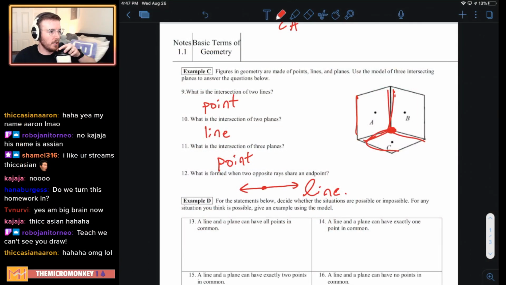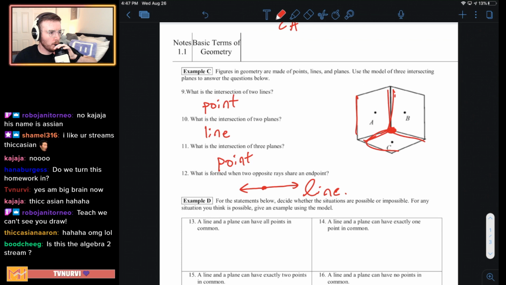Oh, my bad. Algebra 2 is starting very shortly. How's the quality of the stream, by the way? Is anybody getting any buffer issues or dropped frames or anything like that?